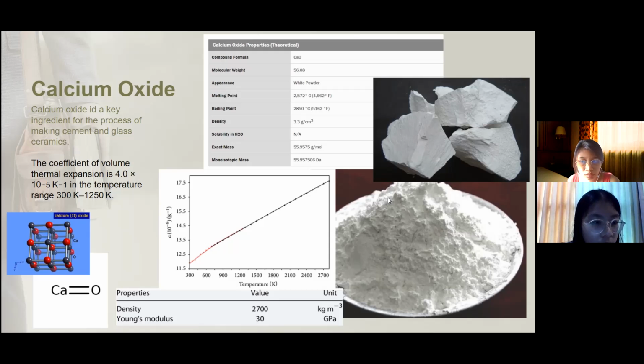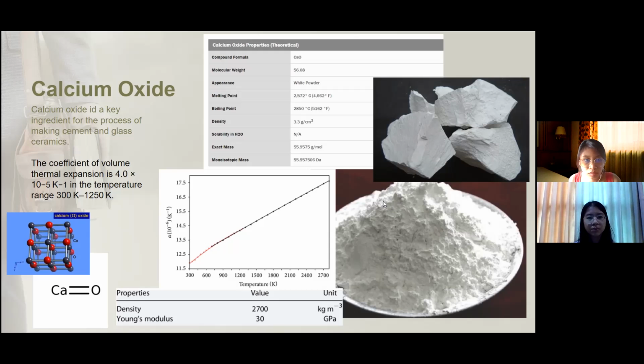For the last one, it's the Young's modulus. The Young's modulus is 30 GPa. It means that calcium oxide is very stiff and couldn't be stretched. On the other hand, I also searched the Young's modulus of polymers, which is around 0.01 to 10 GPa, which means that they are stretchable.